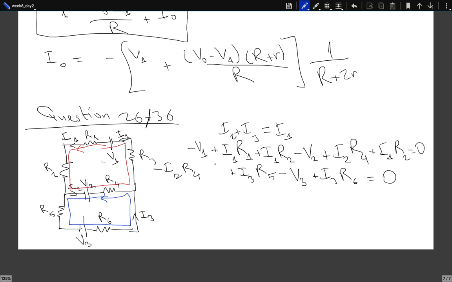Minus V2. No, plus V2. Now I have three equations, three correct equations, hopefully, for three unknowns. This corresponds to this one. This is I1 R3. Oh, yeah, this is R3.